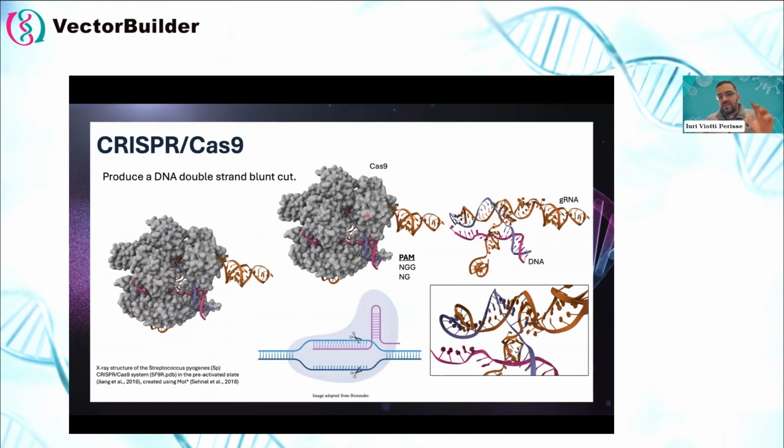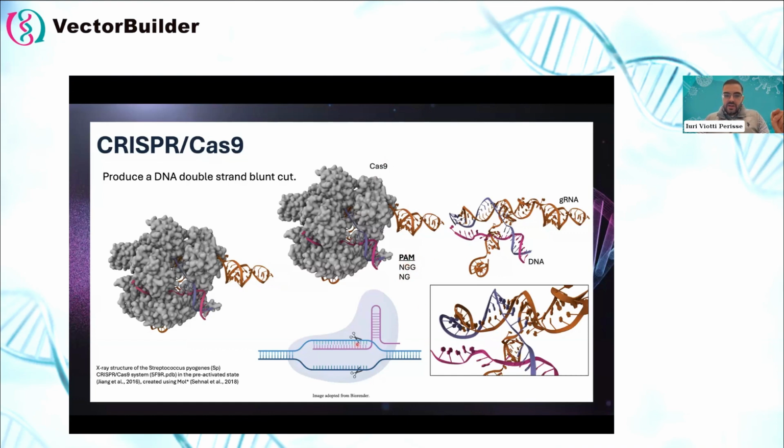And the Cas9 needs to have that PAM sequence, which changes for every Cas, a specific sequence where the Cas will identify, which can be the NGG sequence, as in the wild type version of the Cas9, or in this new modified version, the NG. So you need to have that NG or NGG downstream of your target sequence, because that's going to help your Cas9 to actually perform the cut, right?